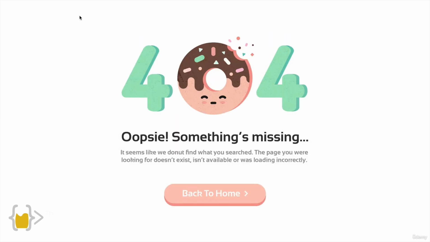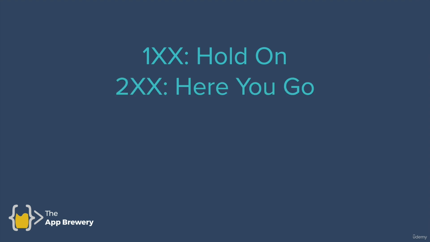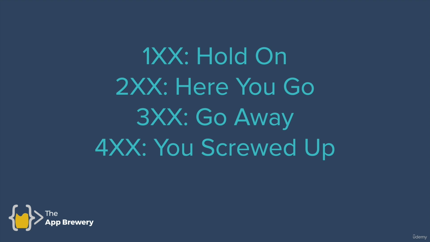But there are actually a lot more response codes other than just 404. In fact, you could summarize these status codes just by looking at the first number. If it is 100 something, then it's telling you, hold on, something's happening, this is not final. If it's 200 something, then it's saying, here you go, everything was successful, you should be getting the data you expected. If it's 300 something, then it usually means you don't actually have permission to get this thing, so go away. 400 something means you screwed up.